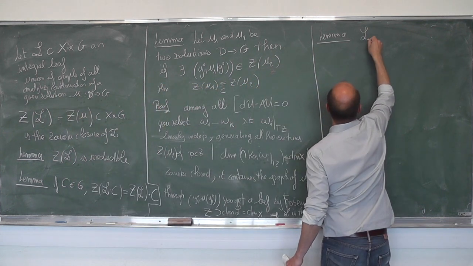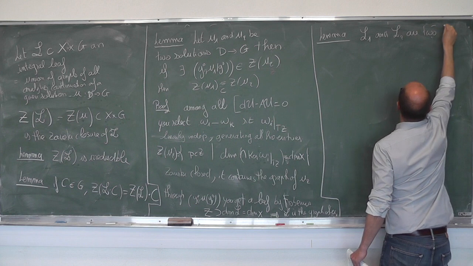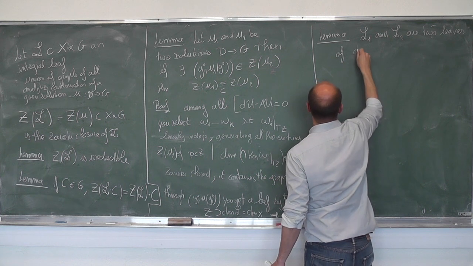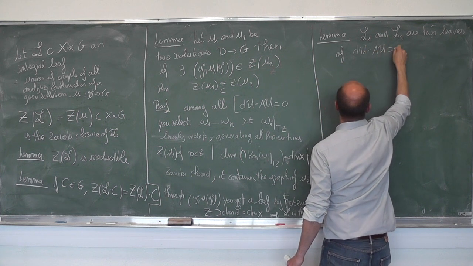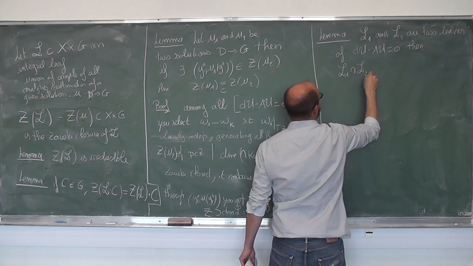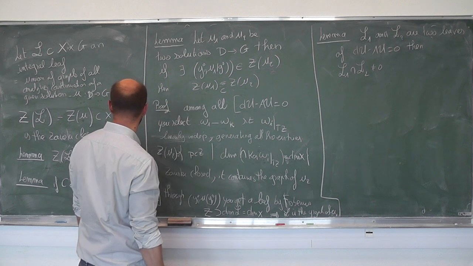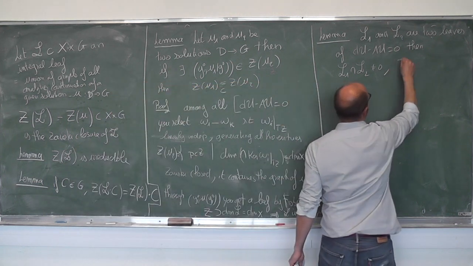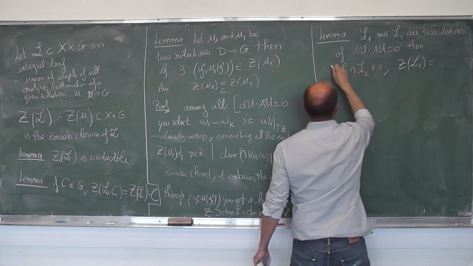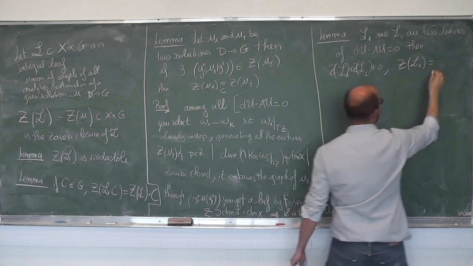So if L1 and L2 are two leaves, meaning two solutions of your system, then if the intersection is different from 0, the Zariski closure are equal. If the intersection of the Zariski closure is different from 0, then they coincide.